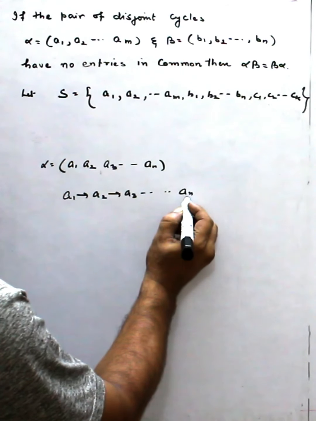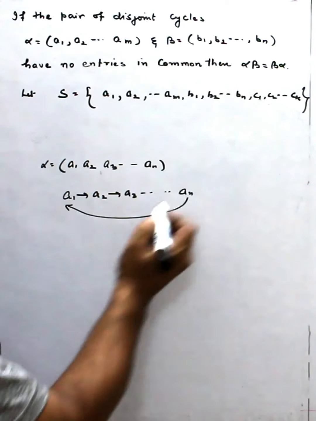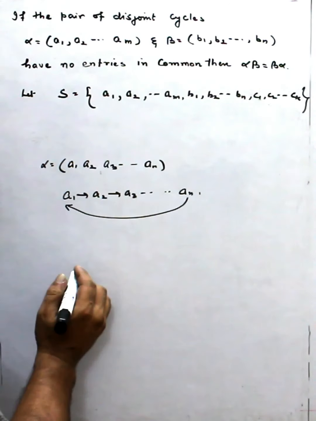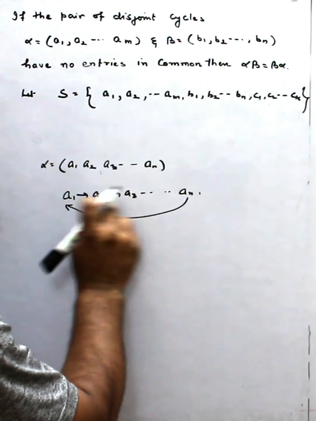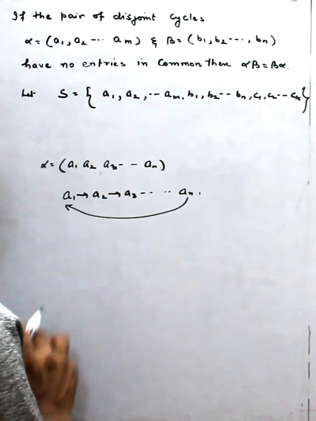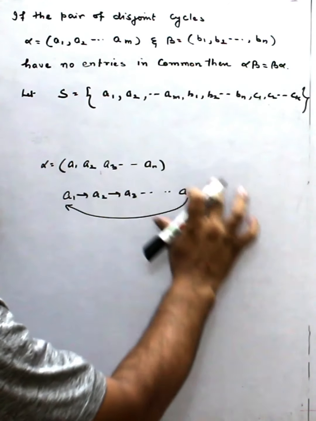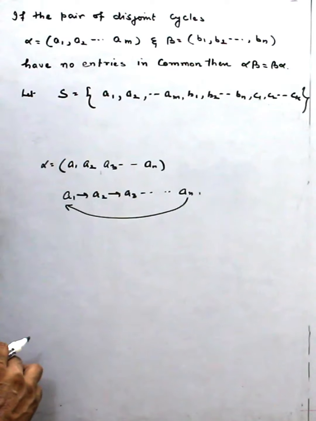Then the last element An returns to A1. This is the cycle, the definition of a cycle, because it makes a circle.